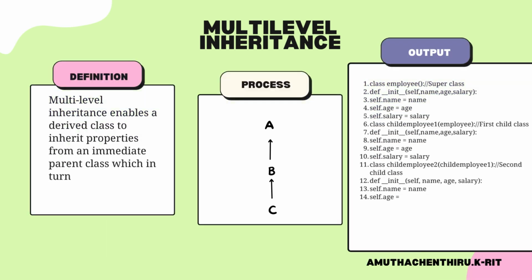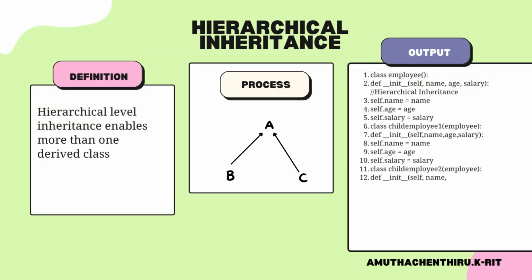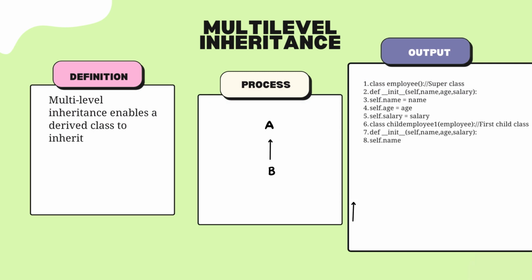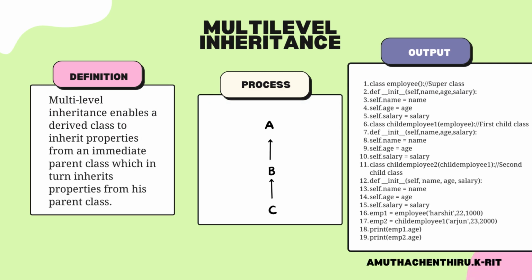Next one, multi-level inheritance. It inherits properties from an immediate parent class, which in turn inherits properties from its own parent class. Immediate parent means A is an immediate parent to B and B is an immediate parent to C. In this example, that is clearly explained in the code.